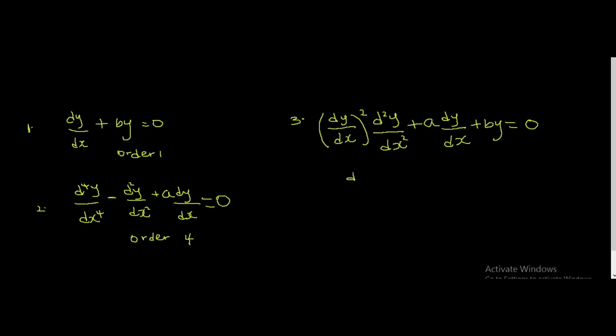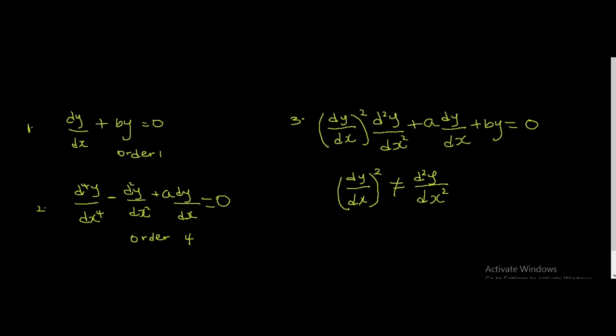Why? The first, left hand side expression is telling us that you differentiate the equation once, then you square what you get. But the second one at the right hand side is saying differentiate it twice. So take note of that.